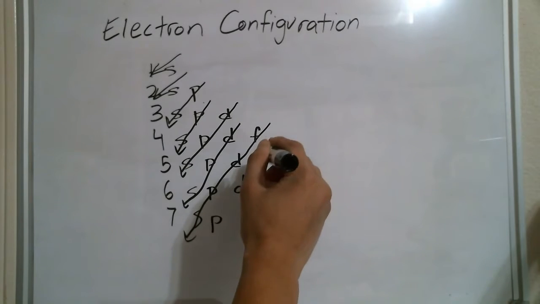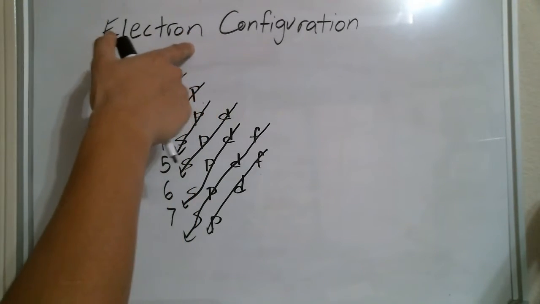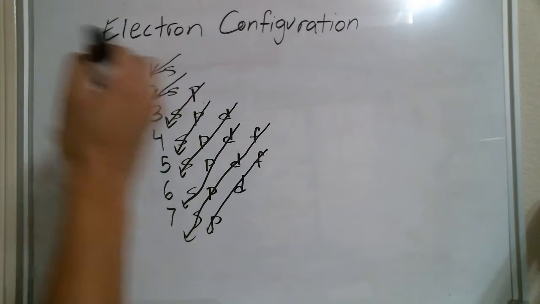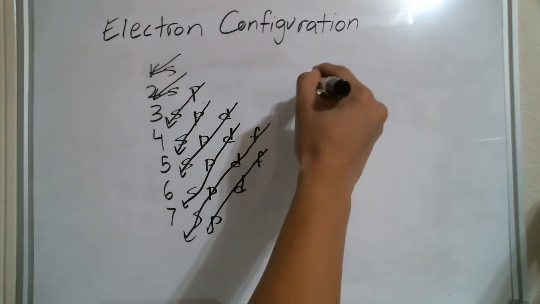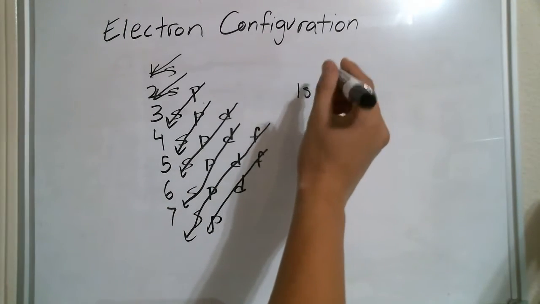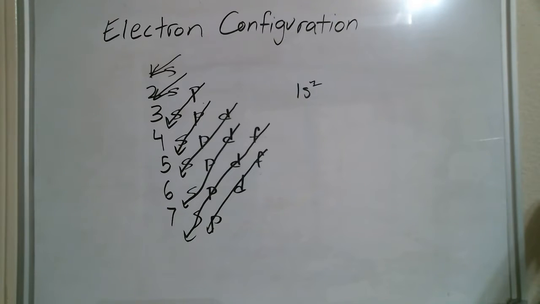Now, what do these arrows mean? As we can see, this is where we start off, up here. Our first energy level, we want 1s. We know that in the s sublevel, there should be 2 electrons maximum. So let's keep going to fill all the energy levels.